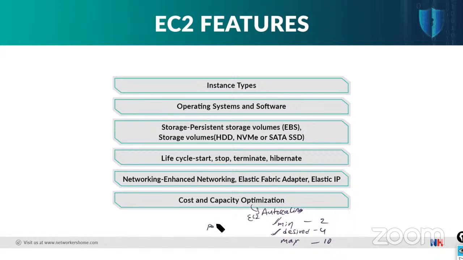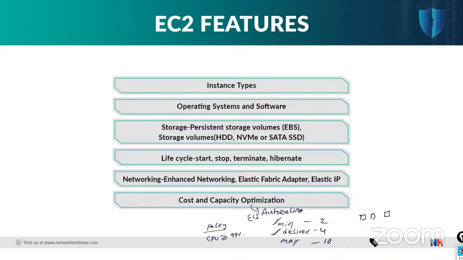There we can define the policy, like when to launch more VMs and when to remove them. You can define policies based on CPU utilization or other metric utilization. You can say if CPU utilization reaches 99% or more, it can add more VMs. Let's say we are running 2 VMs minimum, and on these 2 VMs CPU utilization reached more than 99%. What will auto scaling do?